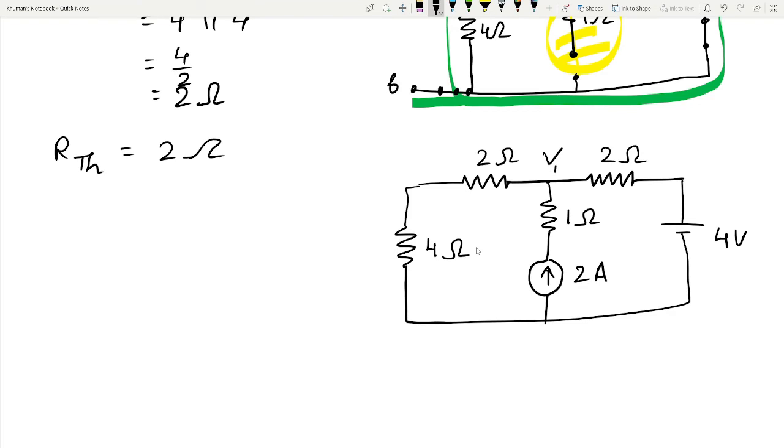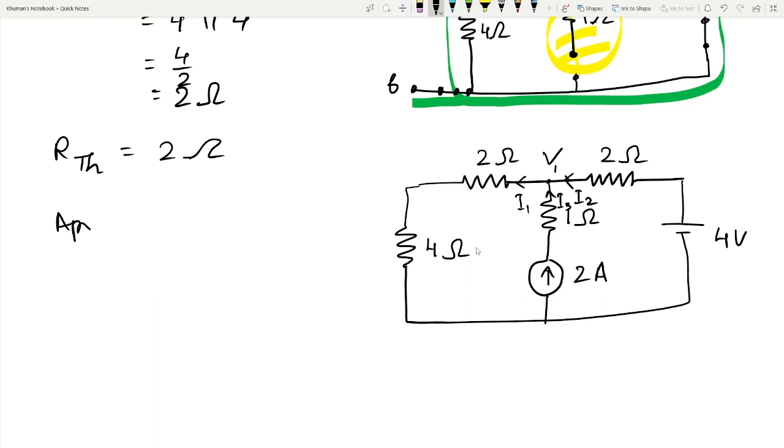So this node voltage is named as V1. Then we can assume current I1 in this direction, I2 in this direction, and I3 in this direction. Okay, as per our convenience.